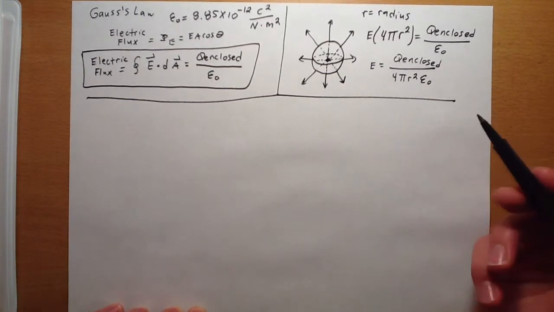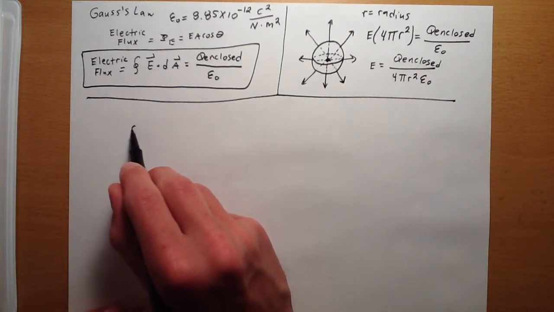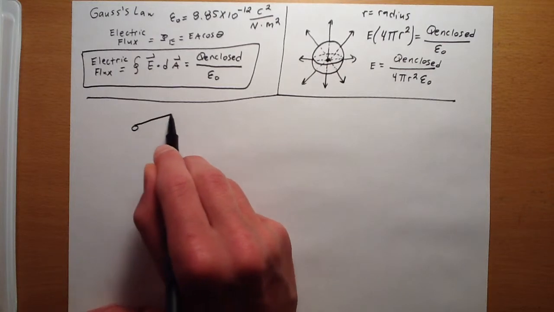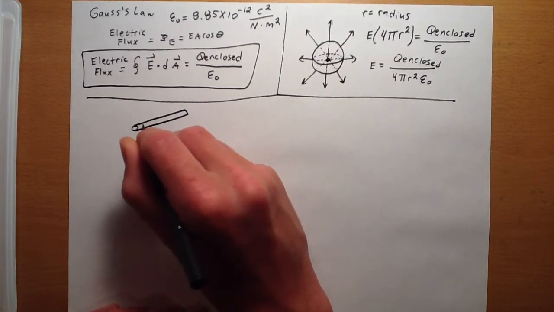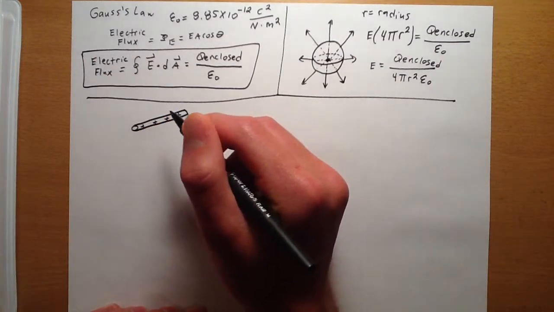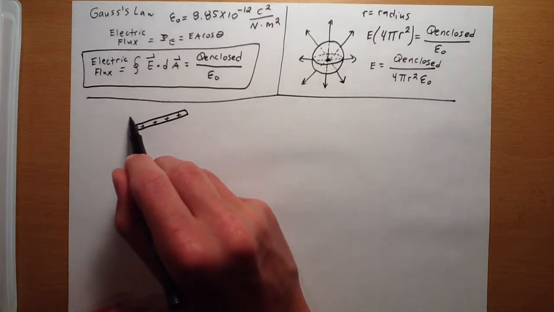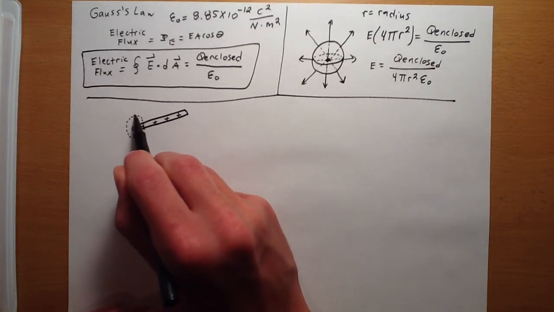Now, we're going to do another equation. In this example, we have a long wire with a uniform charge. And we're going to draw an example imaginary cylinder around it.